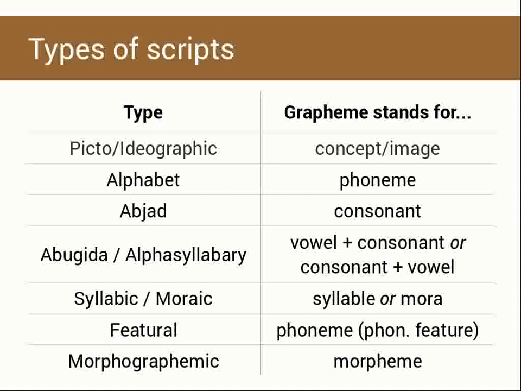What they do is one symbol, one letter, stands only for an aspect of a sound, like whether or not it's voiced, or whether or not it's a fricative, and stuff like that. And then finally, morphographemic or logographic writing systems try to put down morphemes on paper.